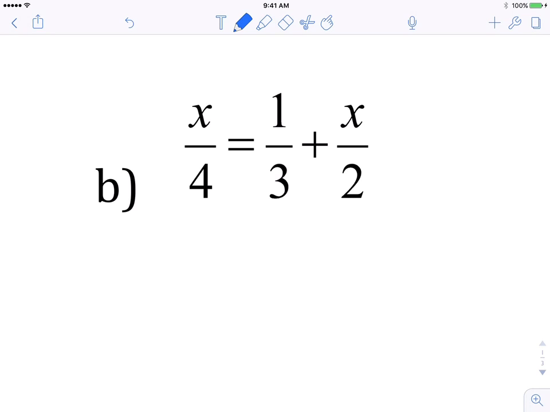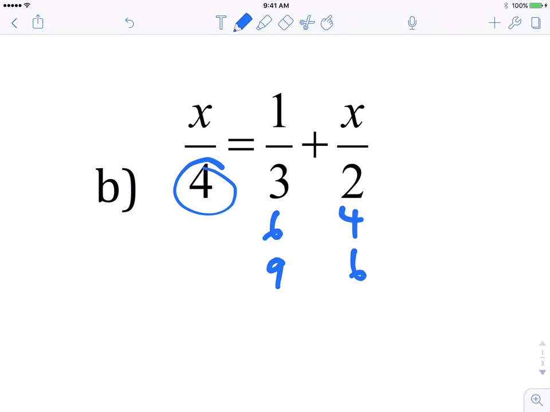But you want to multiply each term by the lowest common multiple, or the common denominator. And in this case, an easy strategy to find the common denominator is to look at the larger number, in this case 4, and look at multiples of 4. I know multiples of 3 are 3, 6, 9, etc., and of 2 are 2, 4, 6, blah, blah, blah, of course. But you want to use the larger number and see if it works with the others.